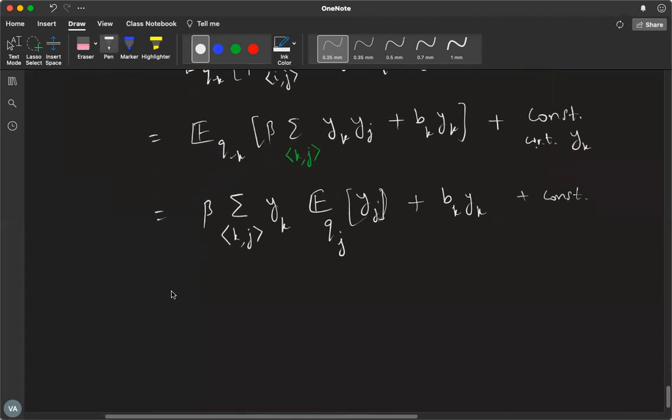That's it. So plus some constant. Now this term we simply call mu j. It's simply the mean of yj, the mean term. Now what does this become?